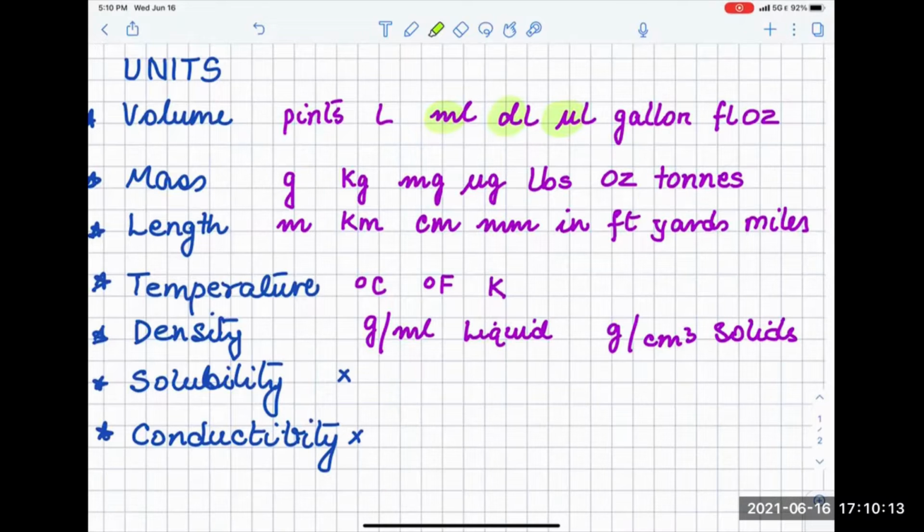Cubit is from this finger all the way to your elbow. So this cubit measurement is not uniform. A small person versus a medium-sized person versus a large person could have variation in the cubit alone. So in the kingdoms it was different. The cubit of a king was the reference, and everything was measured according to that.